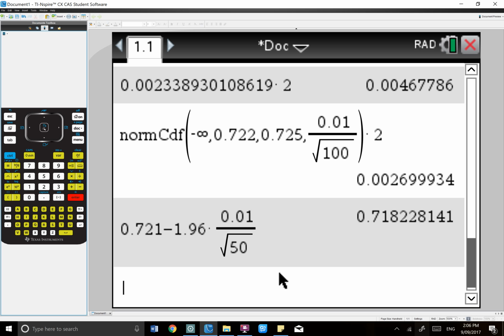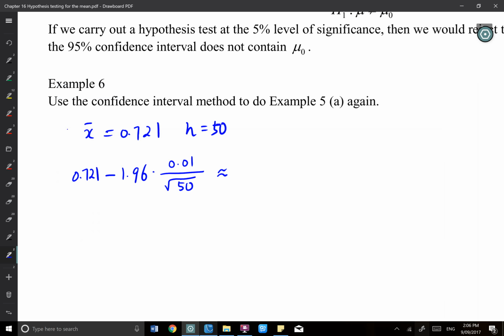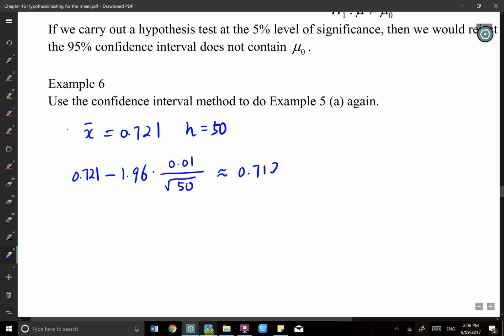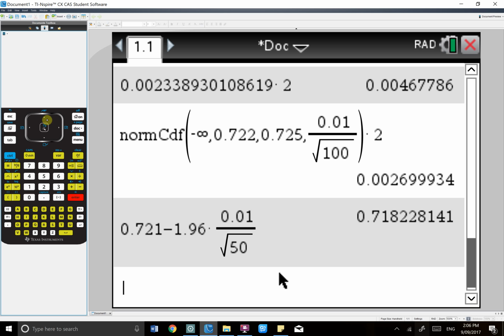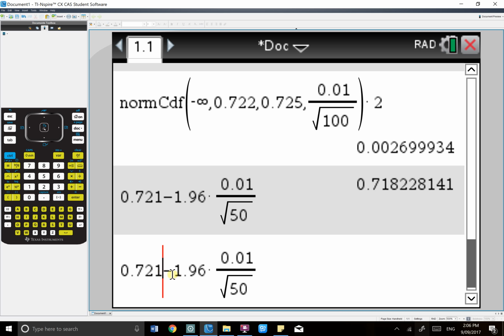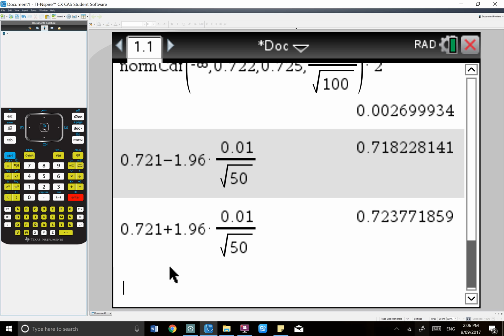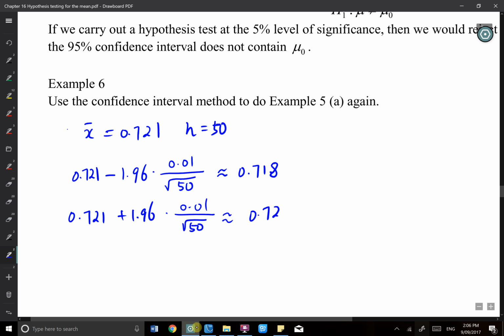That's 0.718, to 3 decimals. And then the right-hand side boundary will be the plus, so we change the minus into plus, and that's 0.724.